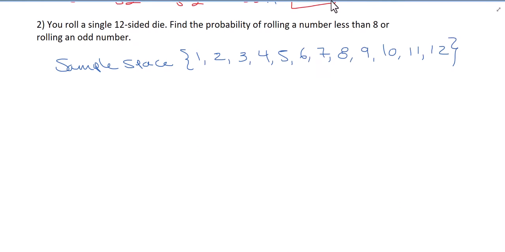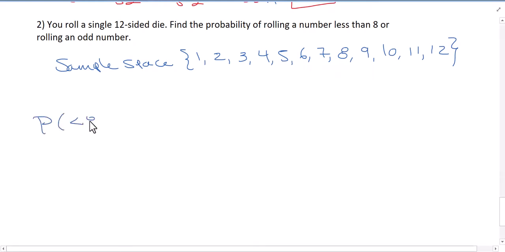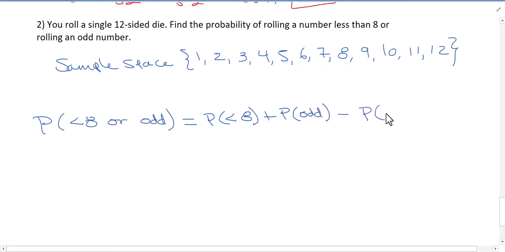Here we want to find the probability of rolling a number less than 8 or rolling an odd number. So probability of less than 8 or an odd number. That means it's going to be, using our addition rule, the probability of getting a number less than 8 plus the probability of getting an odd number minus the probability of being less than 8 and odd.